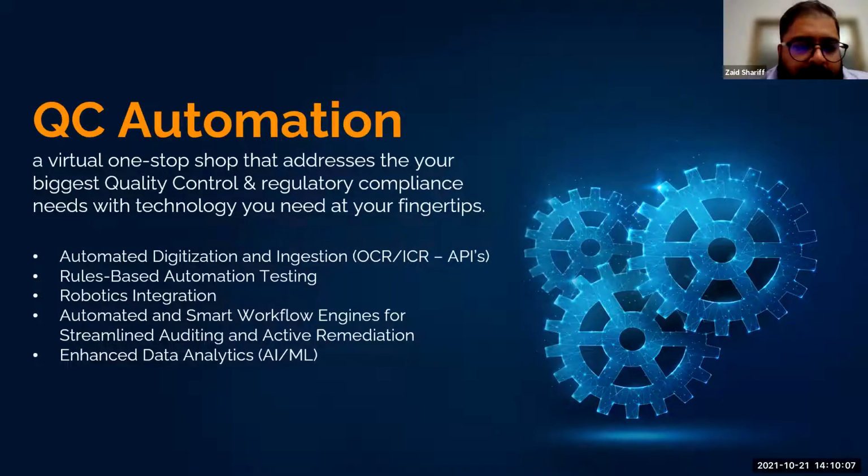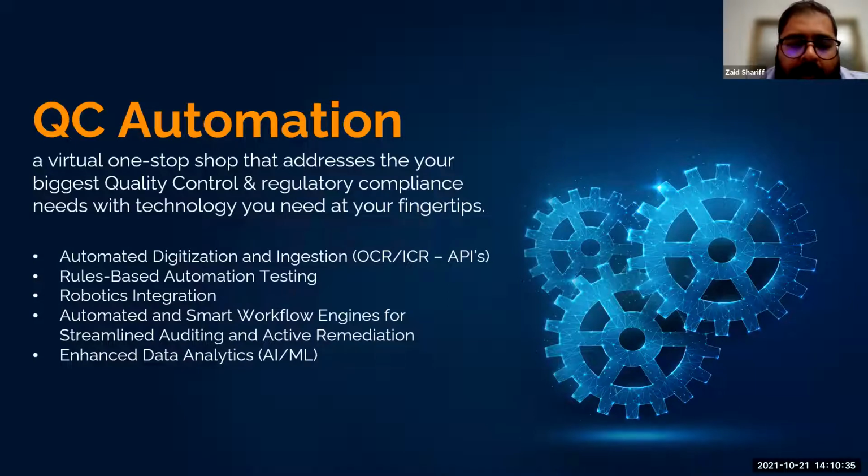The first one I want to talk about is automated digitization and ingestion. Technology like OCR, ICR, and APIs. This is where we're allowing organizations to digitize a lot of those documents so that you have the underlying data to perform some of those audits or QC tests.